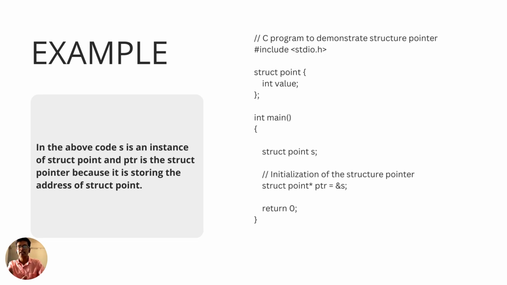In the above code, as we have seen on the right side of the slide, s is an instance of struct point, and ptr is the struct pointer because it is storing the address of the struct point. As we have seen in the basics, a pointer stores the address of a variable. Next, ptr is a structure pointer.